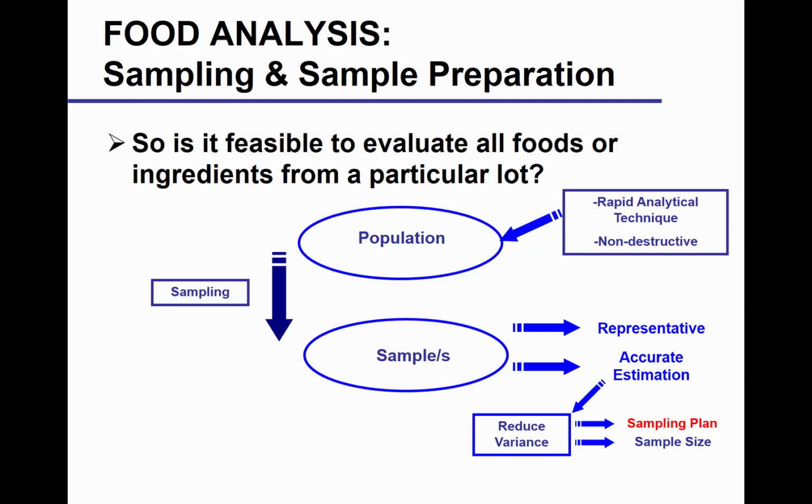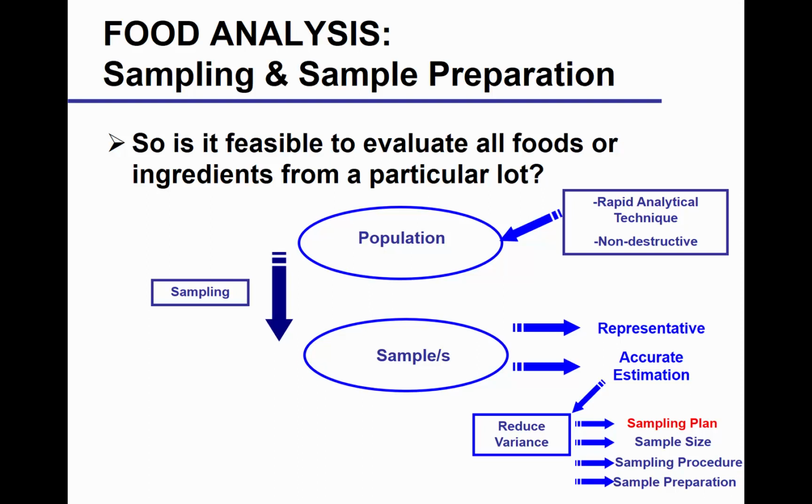Sometimes you're bound by regulations. If it's a nutrition label, we'll talk about that, you're bound to a certain number of samples that you have to pull. Other times it depends if you're doing attribute sampling or variable sampling. I will talk about that. So sampling size, and sampling procedure: how are you going to pull out a sample? We'll talk about that as well. And then sample storage and sample preparation.